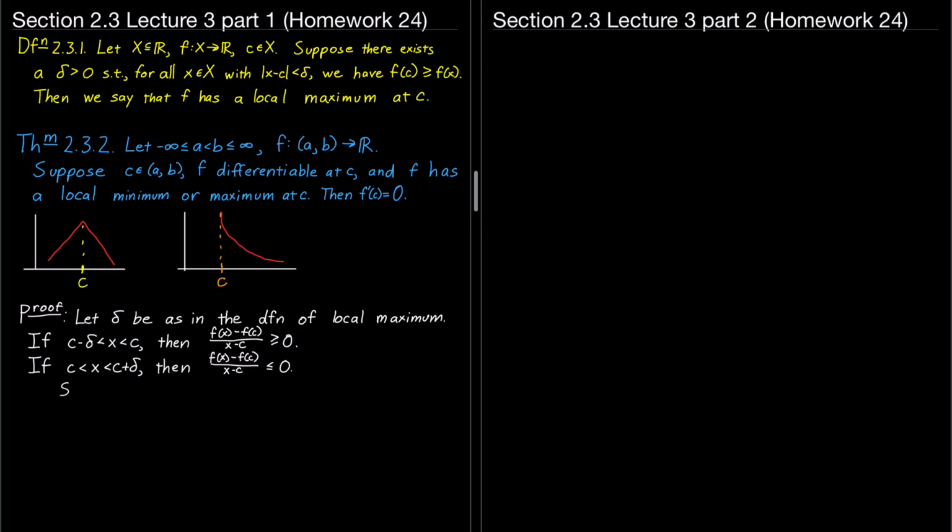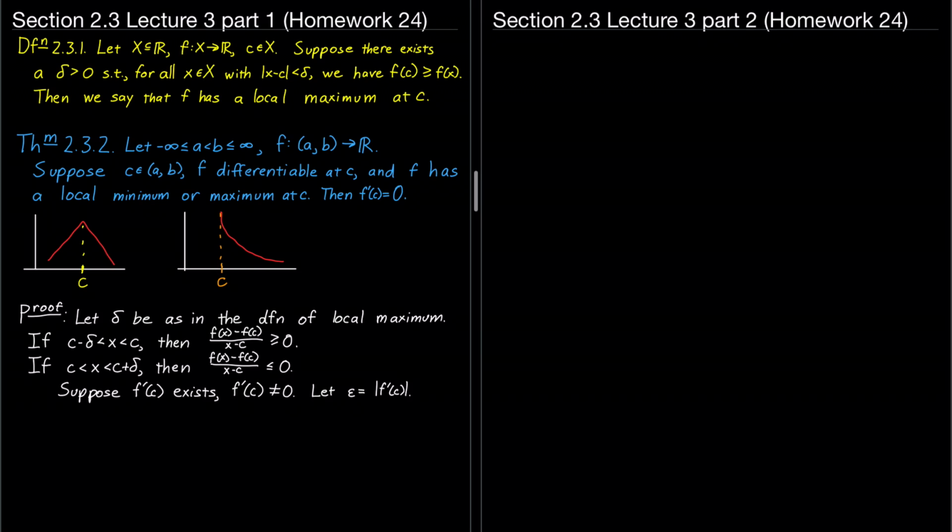Now, let's suppose f prime of c exists, and f prime of c is not equal to 0. So this is going to be a proof by contradiction. So let's let epsilon be the modulus of f prime of c, the absolute value.